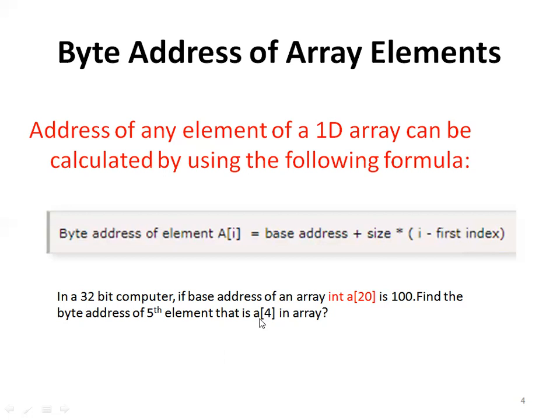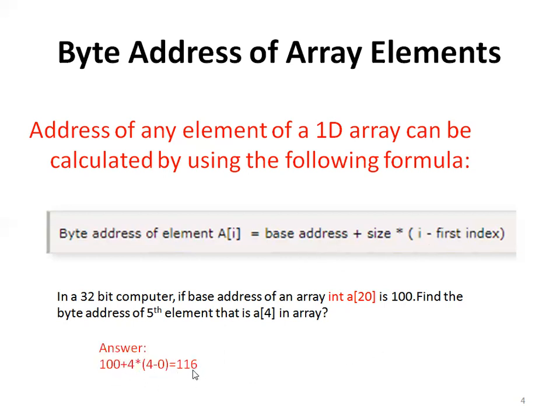Now, what will be the address of the A[4] element? So we can apply this formula: base address plus size into I minus first index. So here base address is given 100, size is 4 byte, I value is here 4, and first index is 0. So just putting in the formula, we can get the answer.